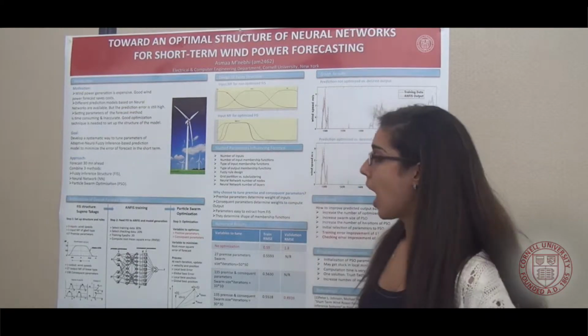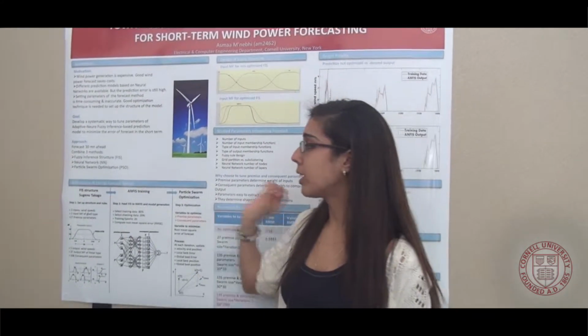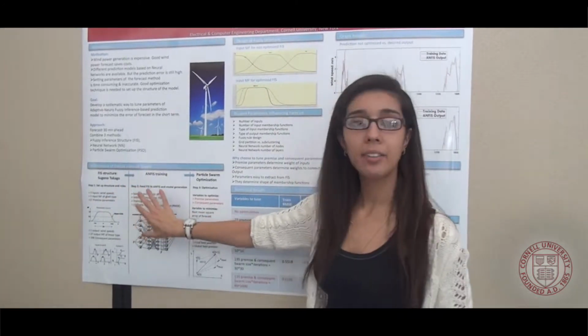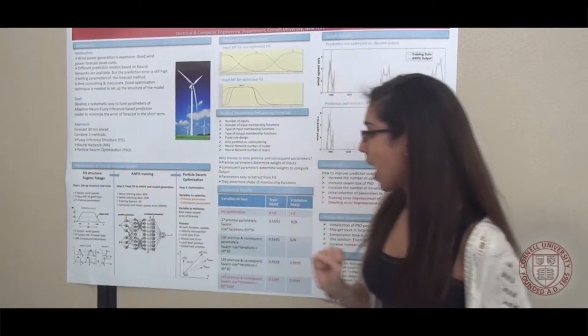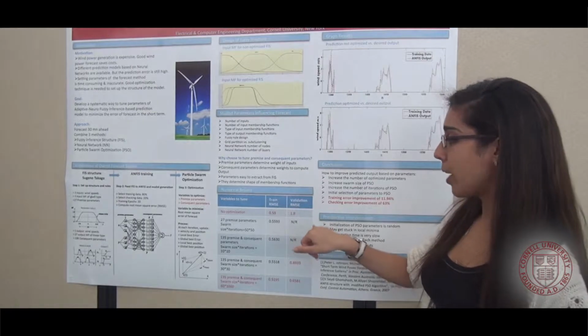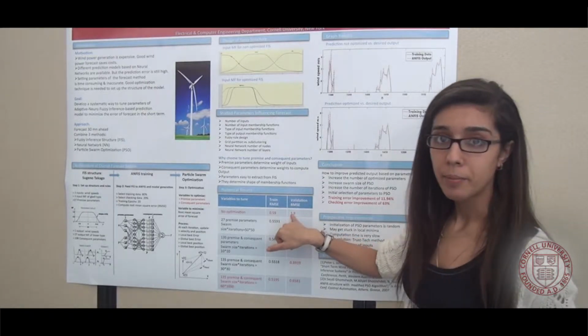So basically, when I combine the fuzzy inference structure and neural networks, I get a root mean square error of 1.8.